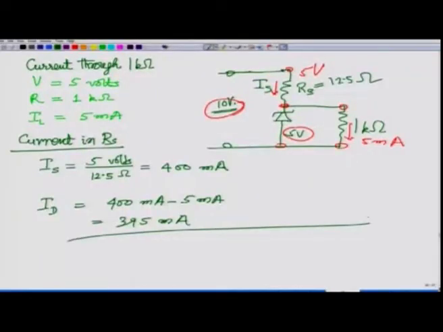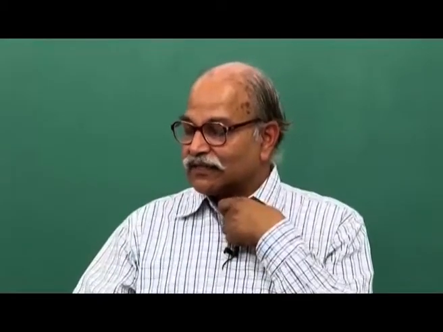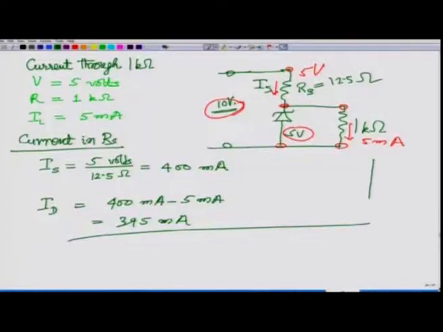Now, as you have an upper limit on the current in Zener, you also have a lower limit on the current in Zener. Why lower limit? Because in this reverse bias breakdown condition, you need a certain current here.